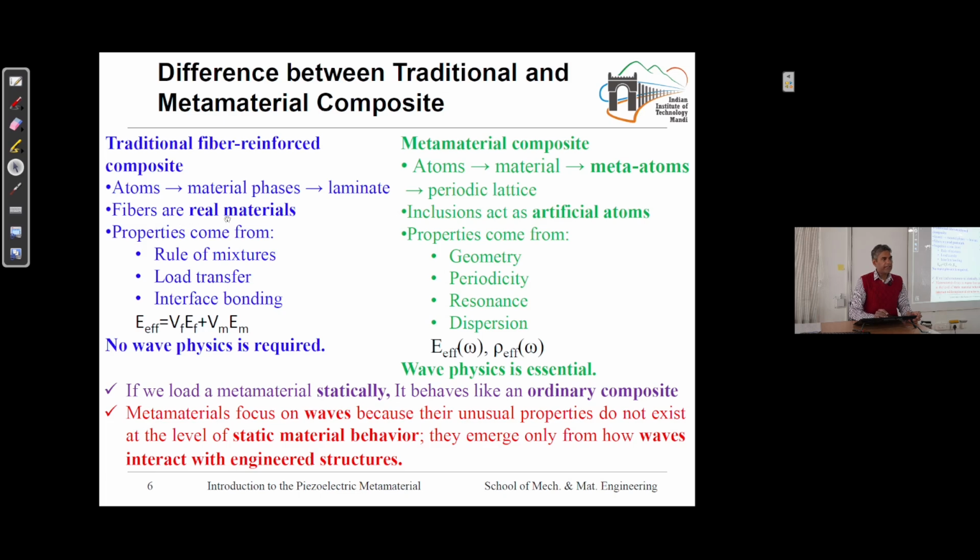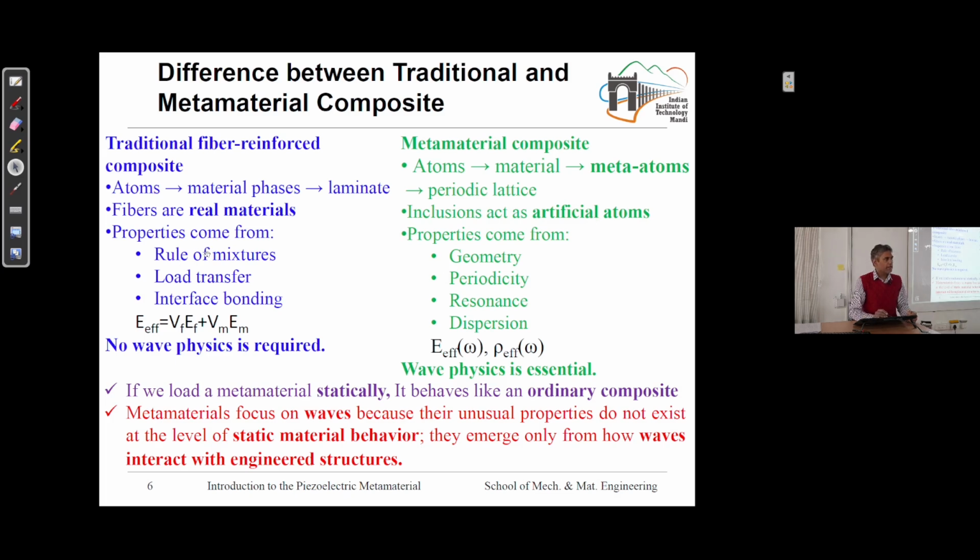Fibers are real materials. In a metamaterial composite, again we have atoms, and then we make a material with a special shape, the meta-atoms, which are arranged in a periodic fashion. Fibers are real materials in a traditional composite, but in a metamaterial composite, these meta-atoms are artificial atoms, because we design them according to our requirement.